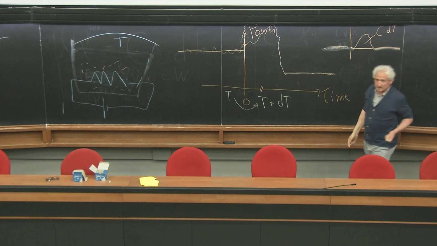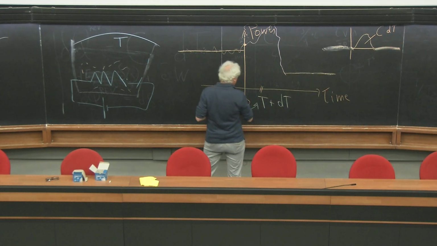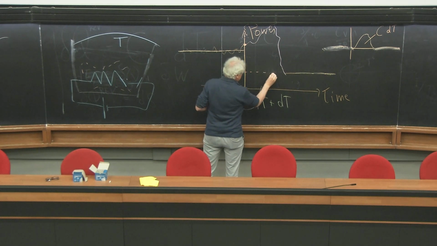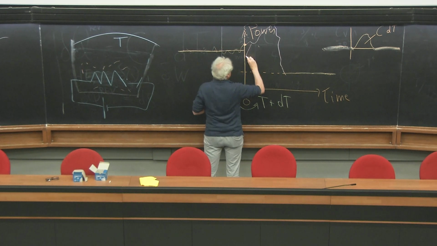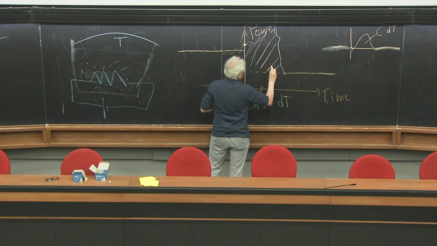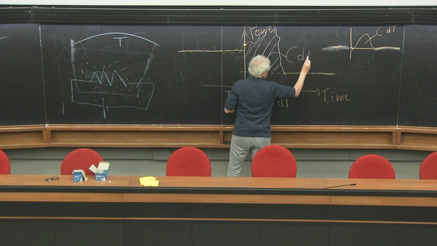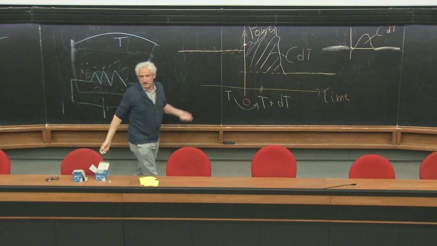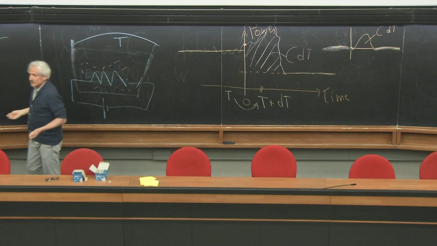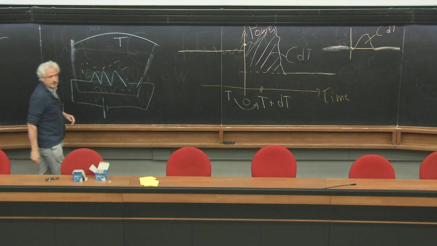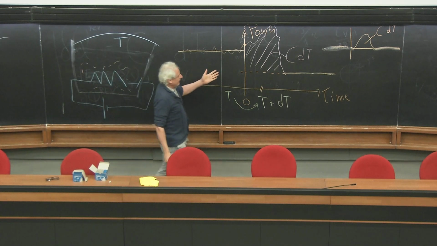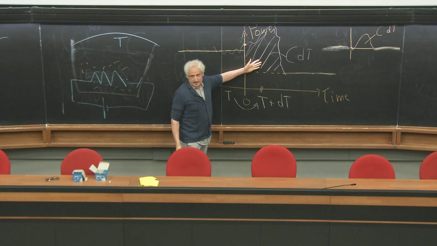So what is the non-equilibrium heat capacity? Well, you take this area, I can make an area here, that's the heat capacity times dT, right? That's the conceptually simple and straightforward extension of the notion of an equilibrium heat capacity to a non-equilibrium heat capacity, simply by taking the excess heat instead of the straight heat.